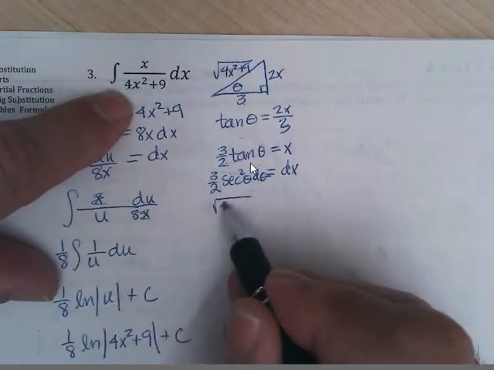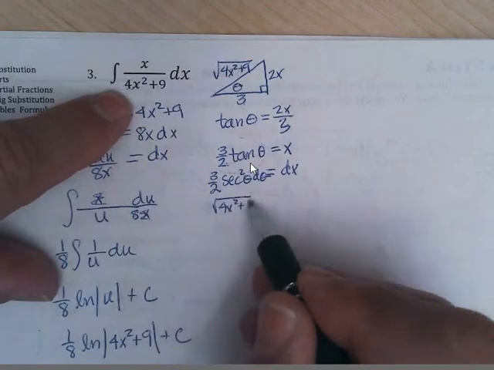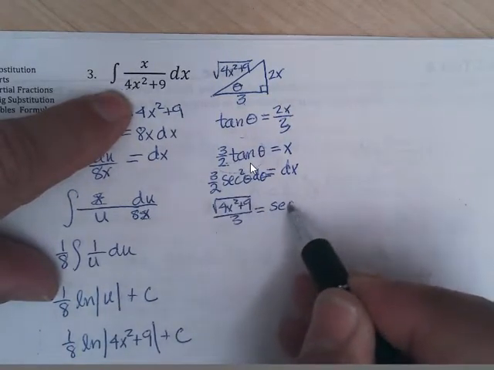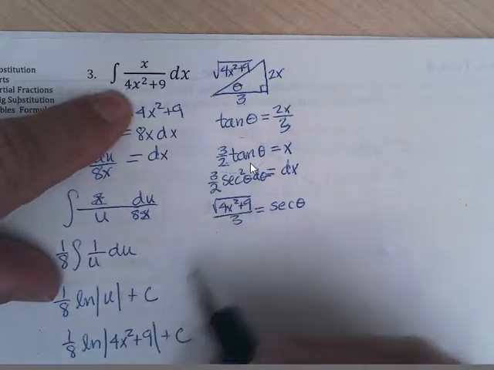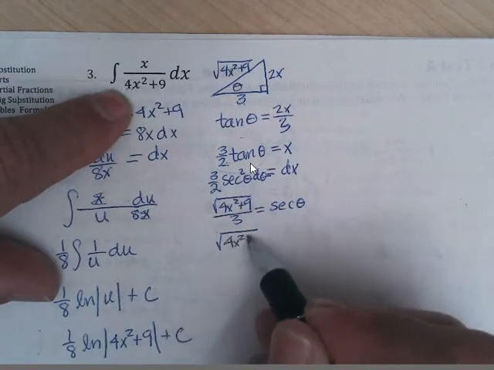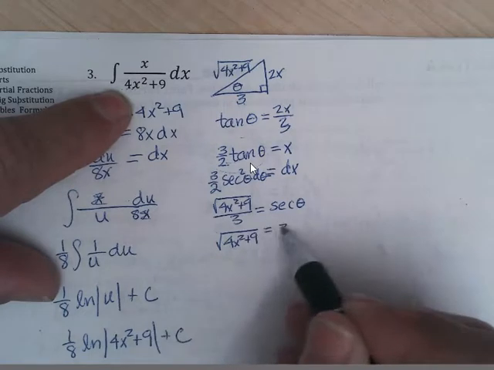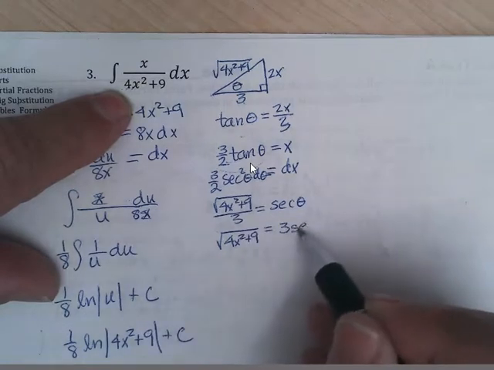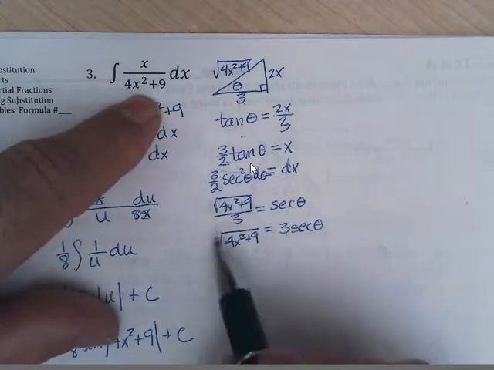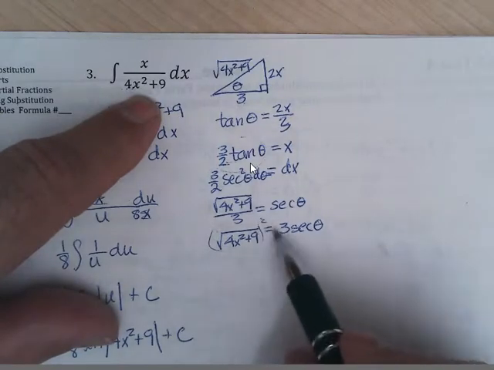Square root of 4x squared plus 9 over 3 is the secant of theta. So multiply both sides by 3 and we get the square root of 4x squared plus 9 equals 3 secant theta, but we want it without a square root, so we'd have to square both sides.